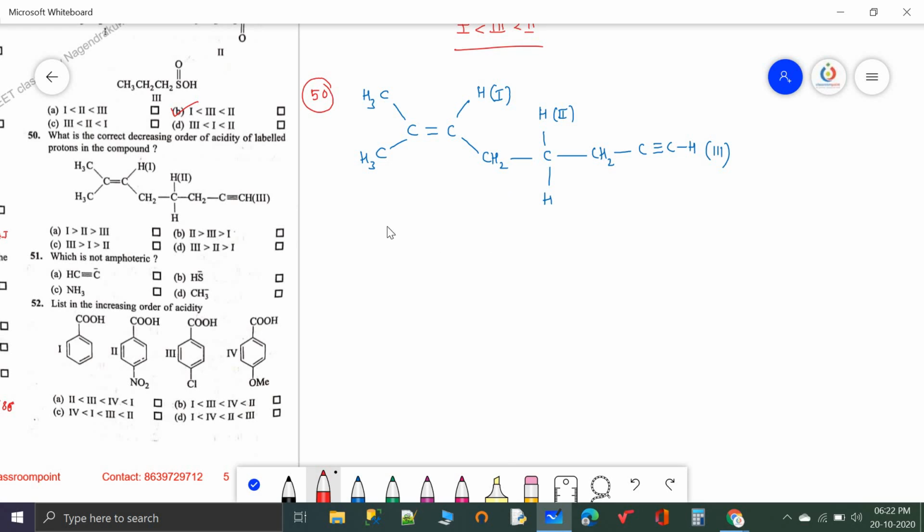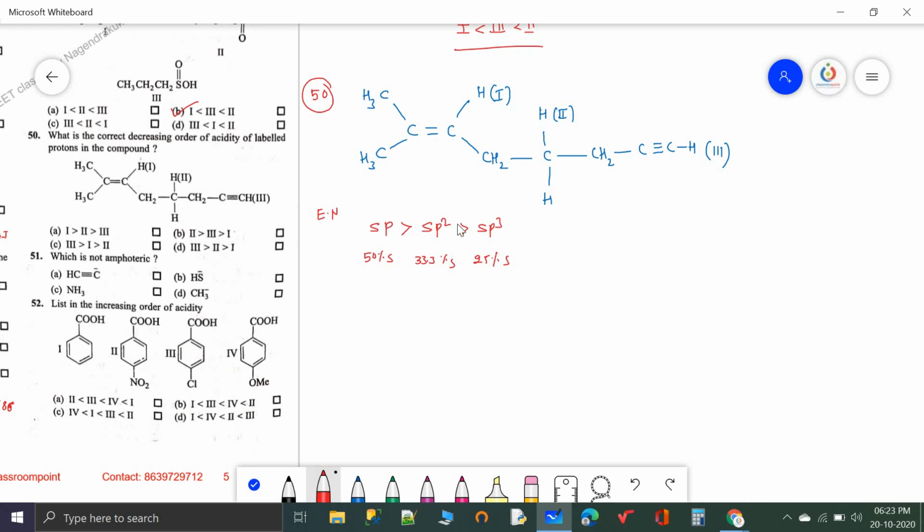So you must remember that sp hybridized carbon is more electronegative than sp2 hybridized carbon, which is more electronegative than sp3 hybridized carbon. This is the electronegativity order of different hybridized carbon atoms, because this one has 50% s character, this one has 33.3% s character, and this one has just 25% s character.